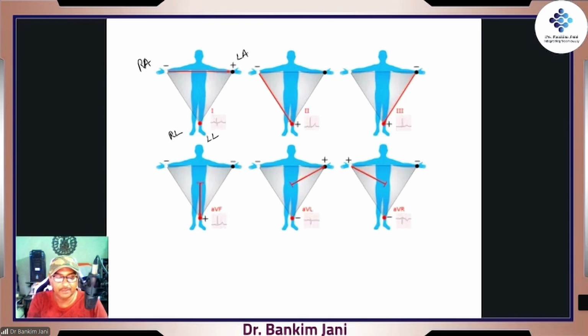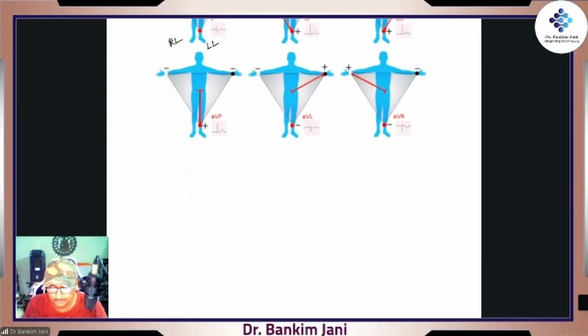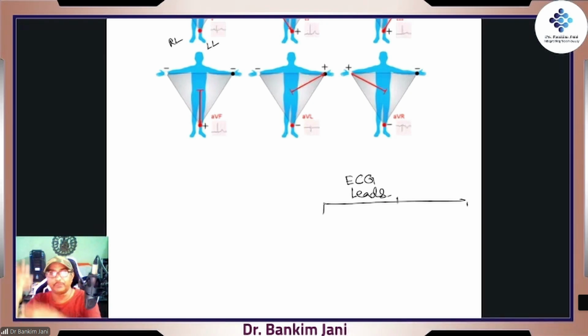mistake. So first thing first, that in case of ECG, as we said, let us say very simple classification. ECG leads, we are dividing into two parts. One where we'll be applying all those electrodes on the hands and the legs.